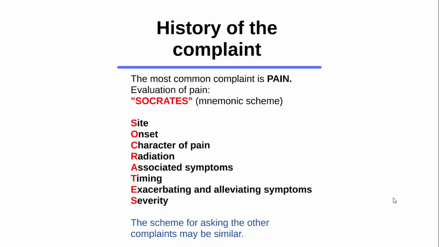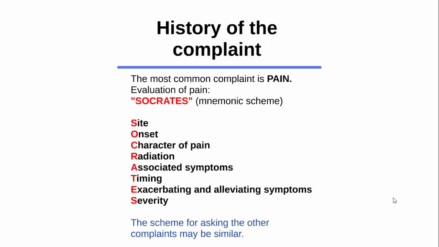S: Site. Where is the pain located? O: Onset. When did it start? C: Characteristic of pain. How does the patient feel the pain? Is it dull, acute, or stubborn? R: Radiation of pain.